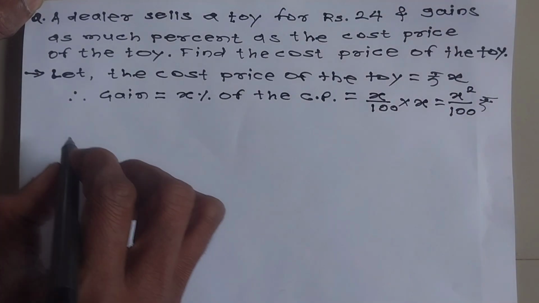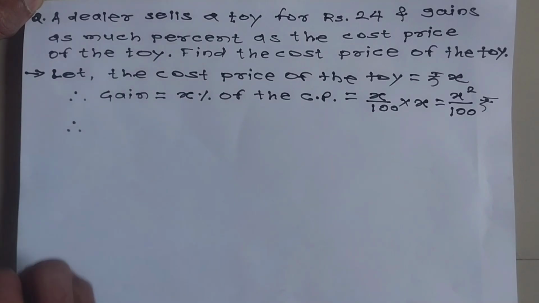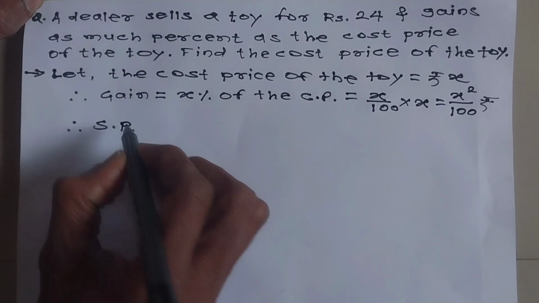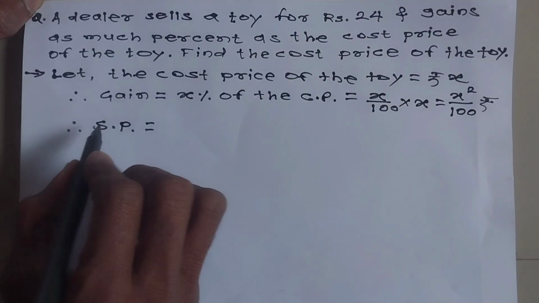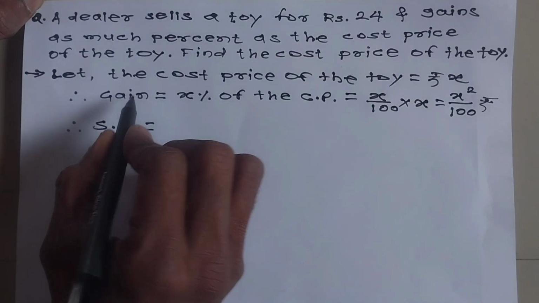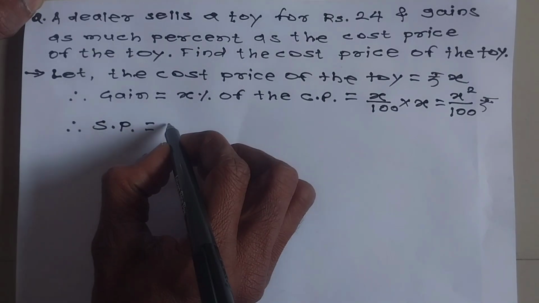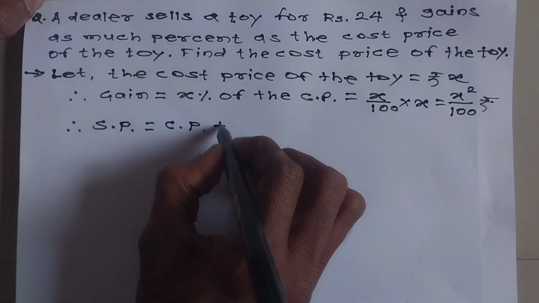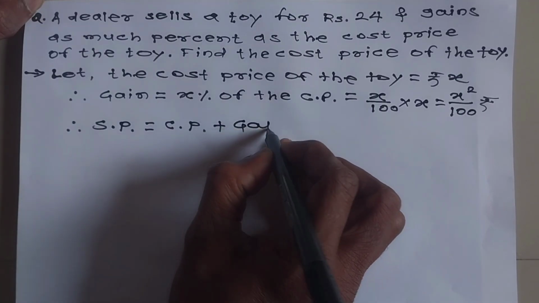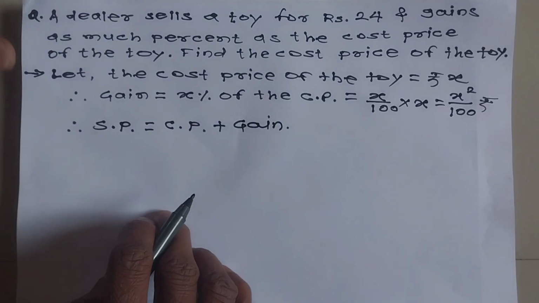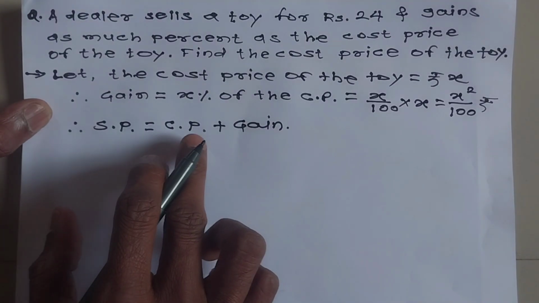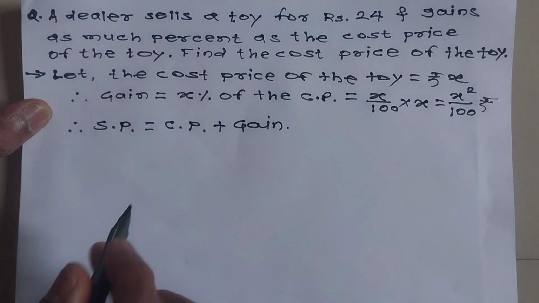Now we use the formula for selling price. When there is a gain, selling price is equal to cost price plus gain. This is our formula for gain.